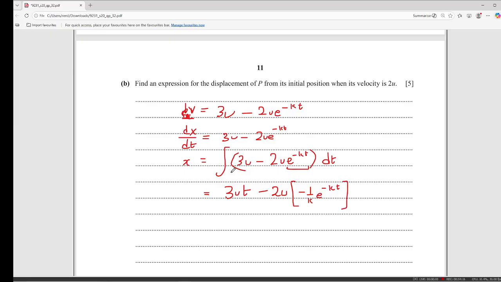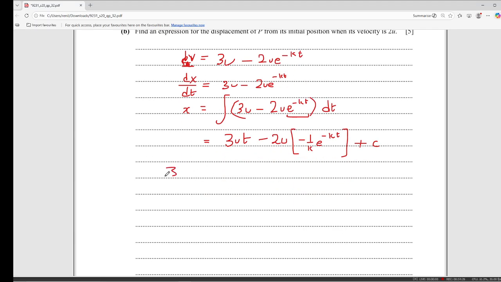Let me check. Yeah, it does, and we need to write plus c, obviously. So 3ut, minus, okay, minus gets cancelled out, so we get plus 2u by k times e to the power of negative kt plus c equals x.